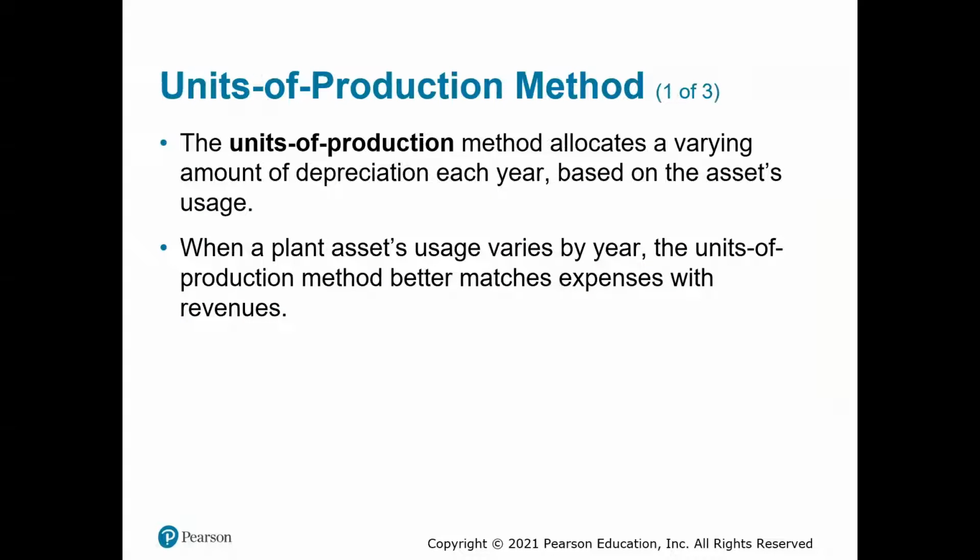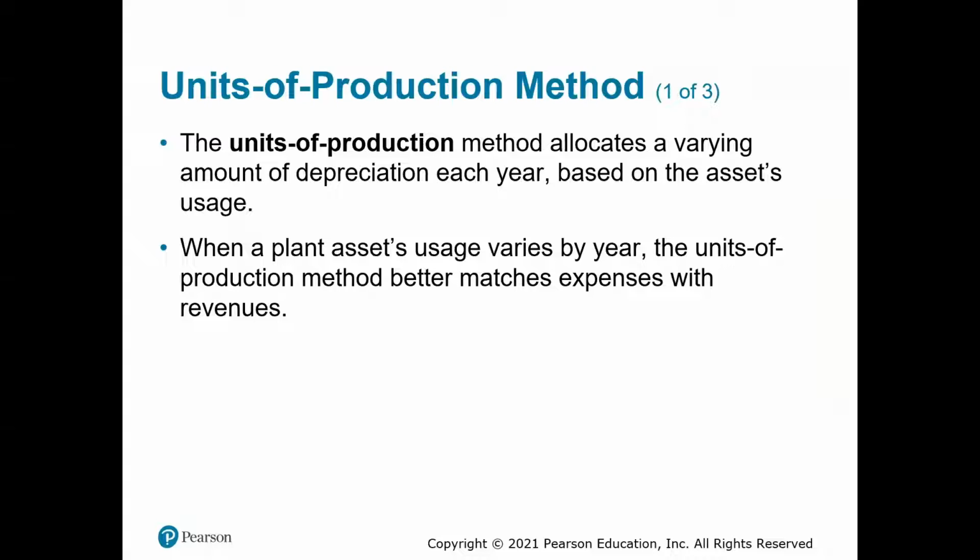The next method is the units of production method. The units of production method allocates a varying amount of depreciation each year based on an asset's usage. The units of production depreciates by units rather than by years.